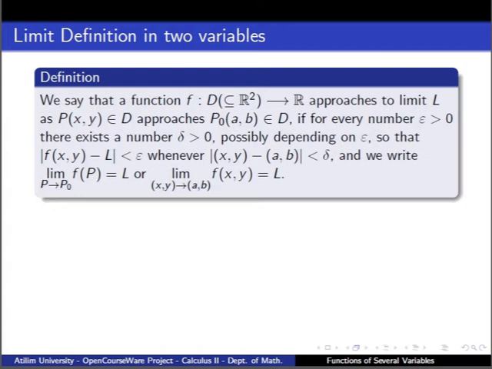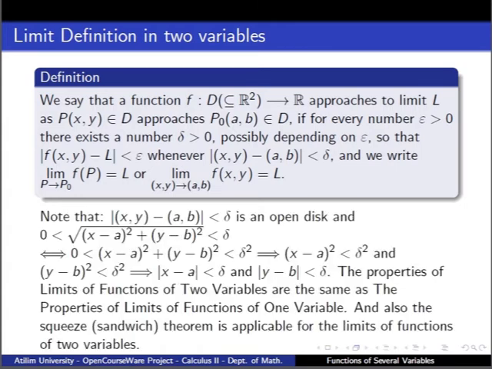Hence, note that in this case, (x, y) minus (a, b) in absolute value less than delta is an open disk, which implies that the absolute value of x minus a is less than delta and the absolute value of y minus b is less than delta, where this property is so widely used in proving the existence of a limit by using the epsilon delta definition.